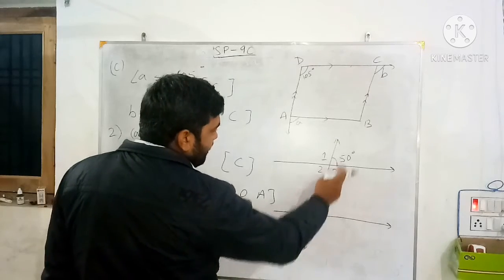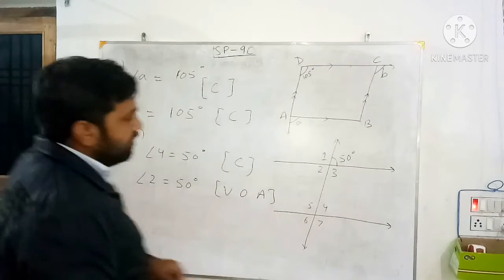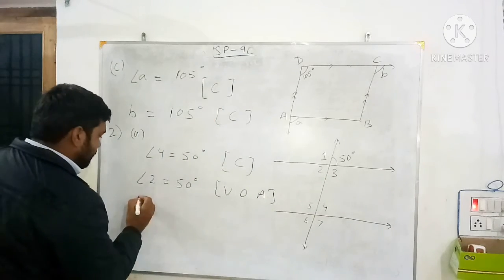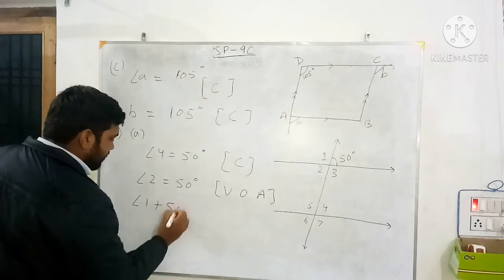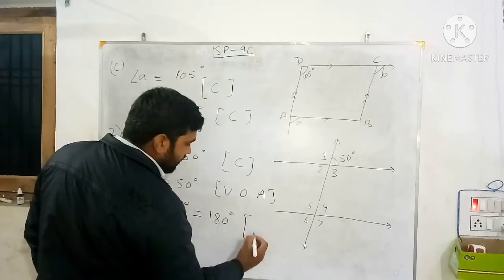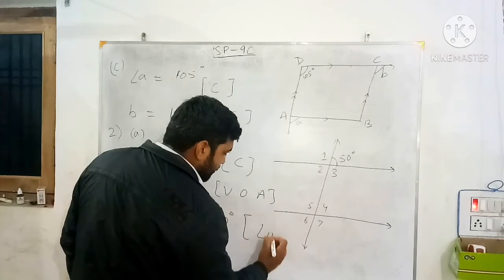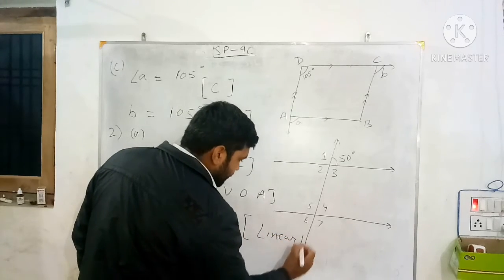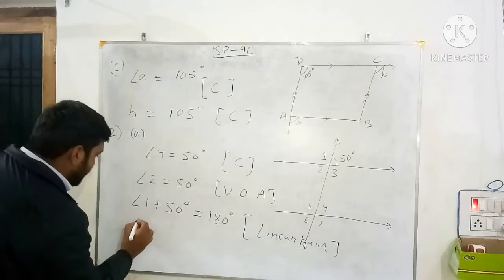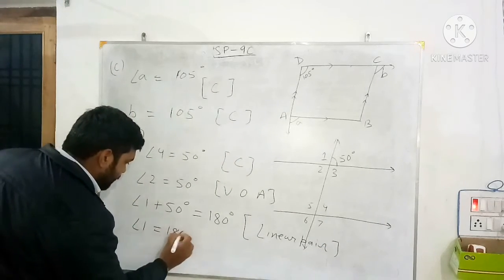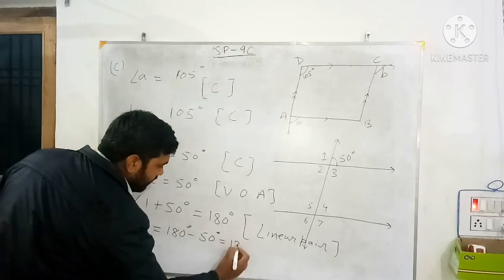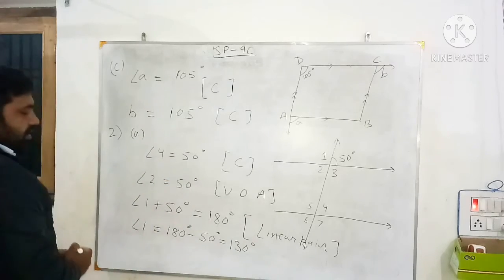Now angle 1 and 50 are adjacent angles on a straight line, a linear pair. So you can write angle 1 plus 50 degrees equals 180 degrees. Reason, linear pair. A linear pair is supplementary. So angle 1 equals 180 degrees minus 50 degrees, that is 130 degrees.